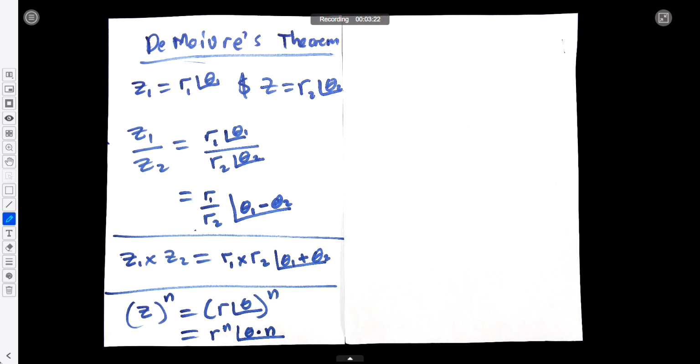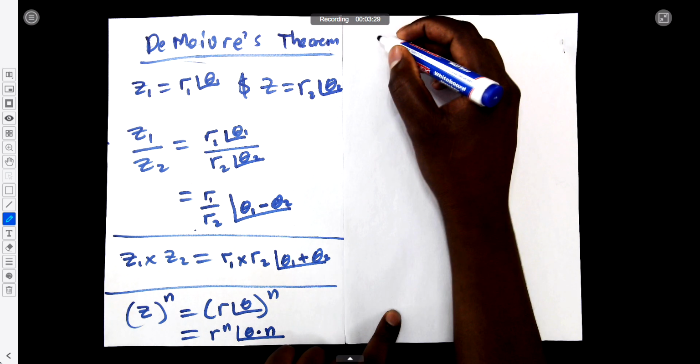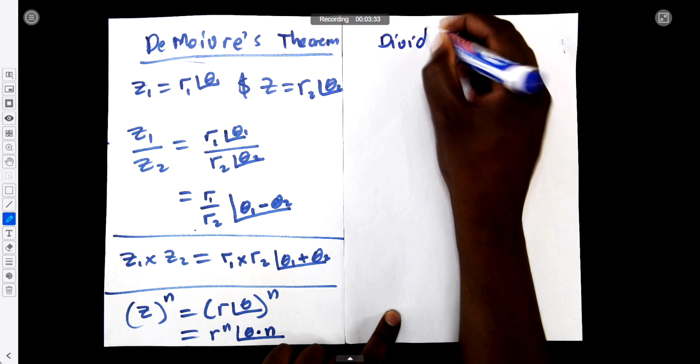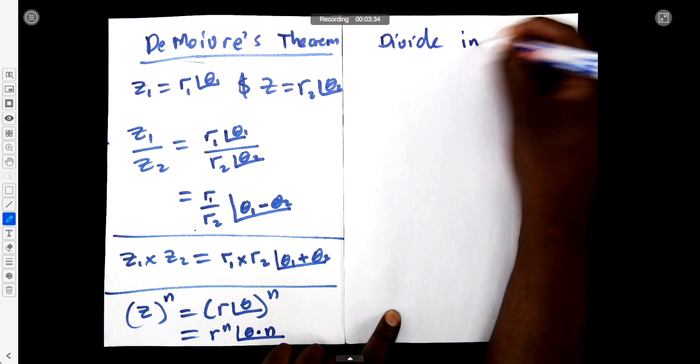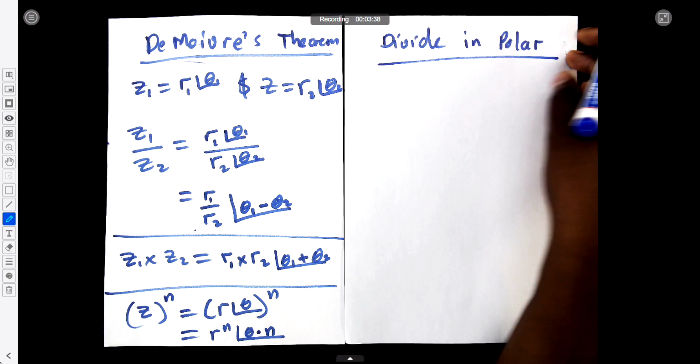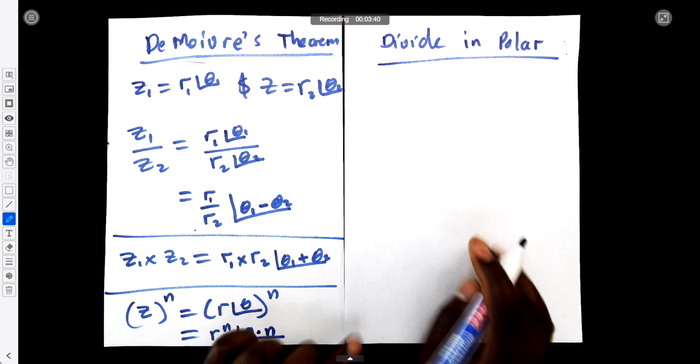So I want to take one problem. Let's say, for an example, a question says divide in polar form.